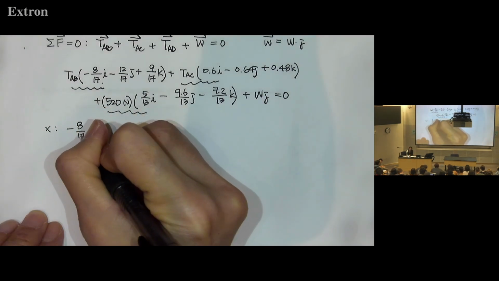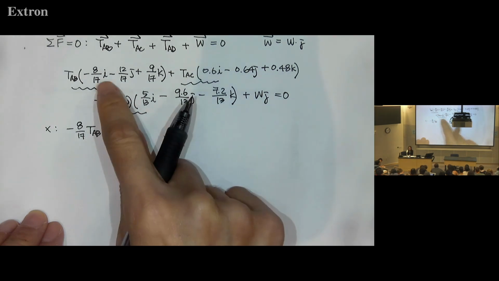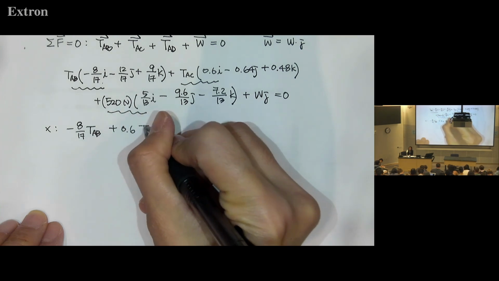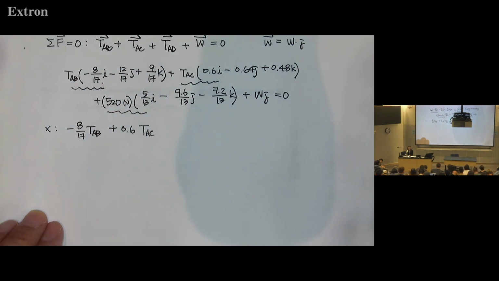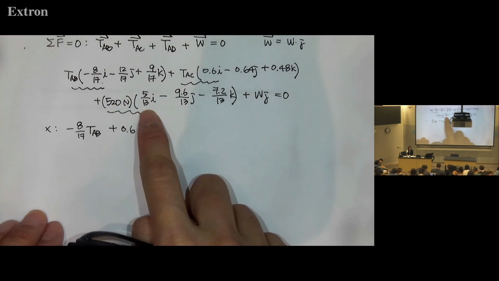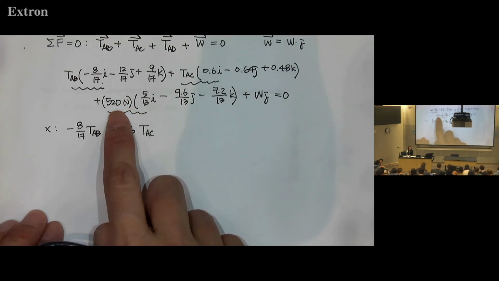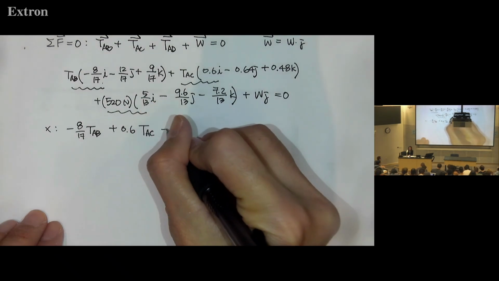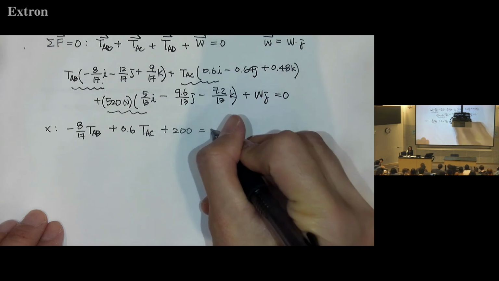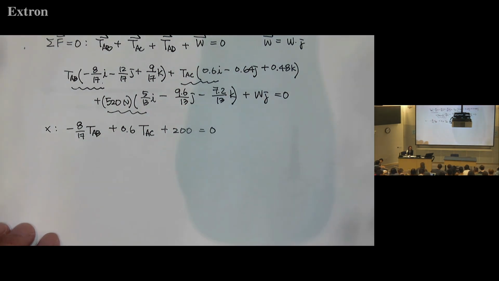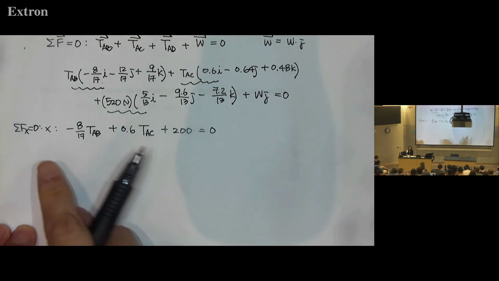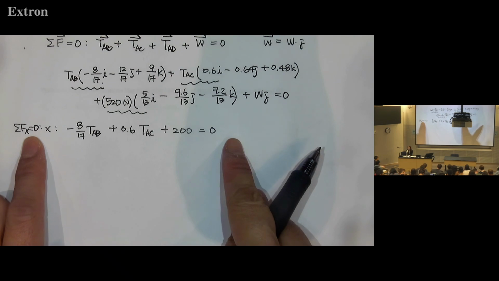Minus 8 over 17 TAB, first one. And then second one, plus 0.6 TAC. And then the third one is this, right? So when I calculate this, 520 times 5 over 13, that is 200. So plus 200 equals to 0. So this is sigma fx equation. It's only x components.